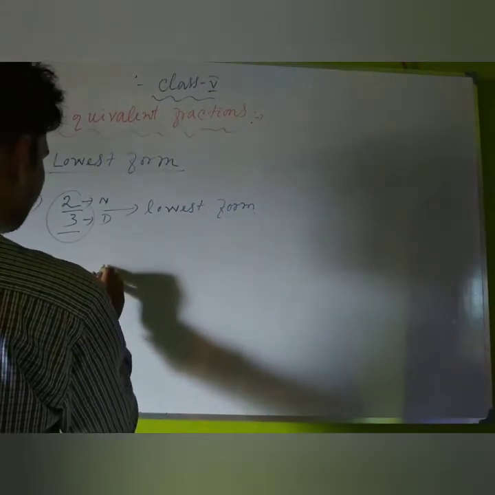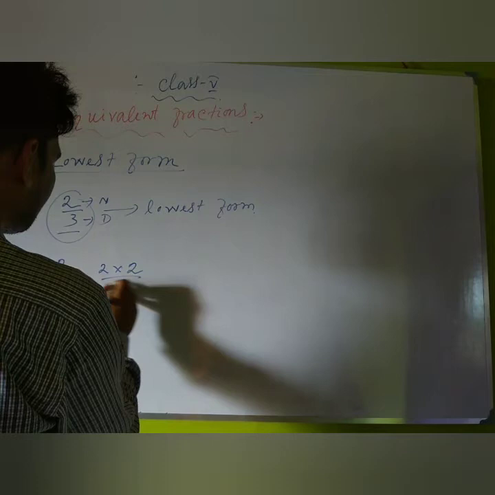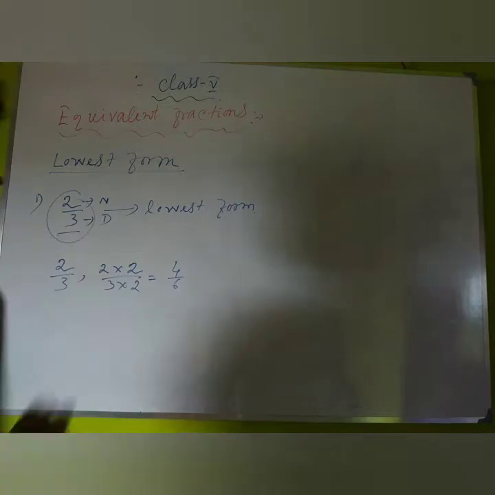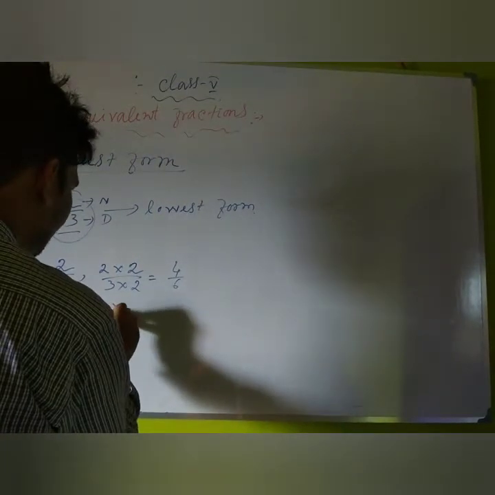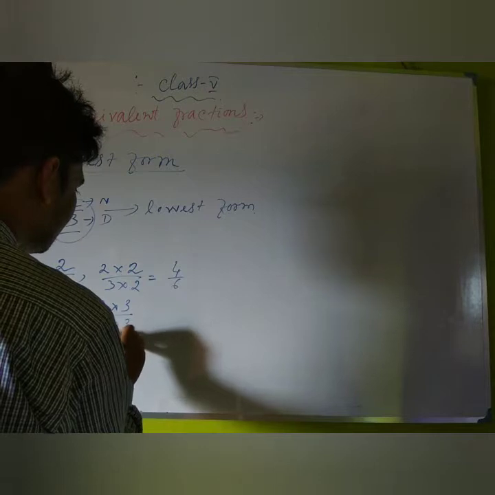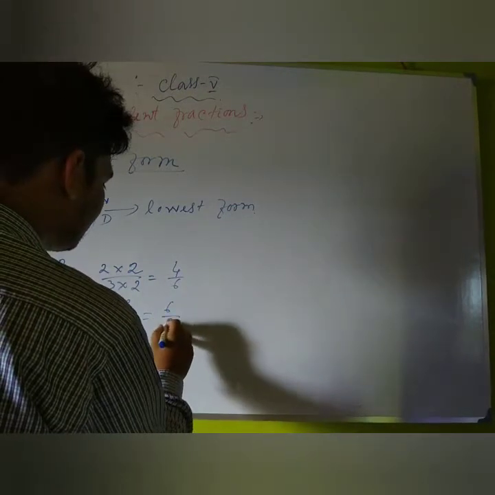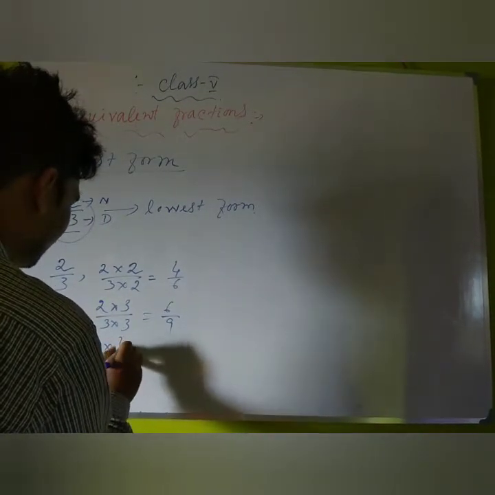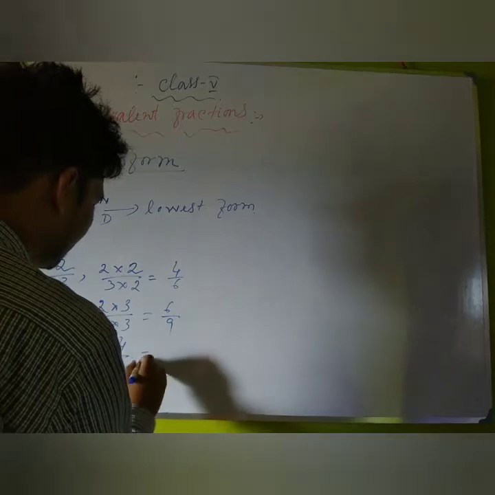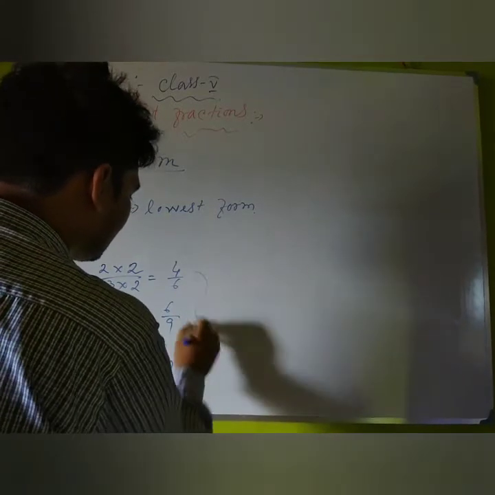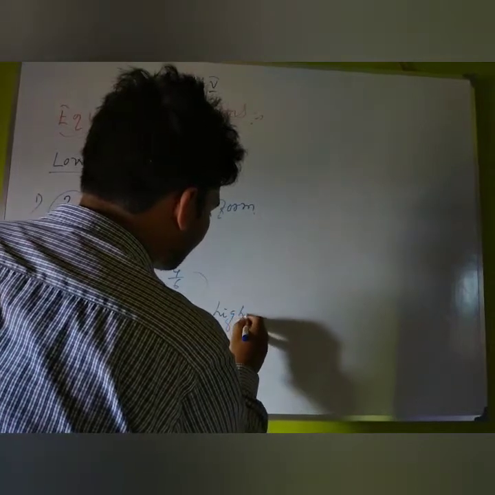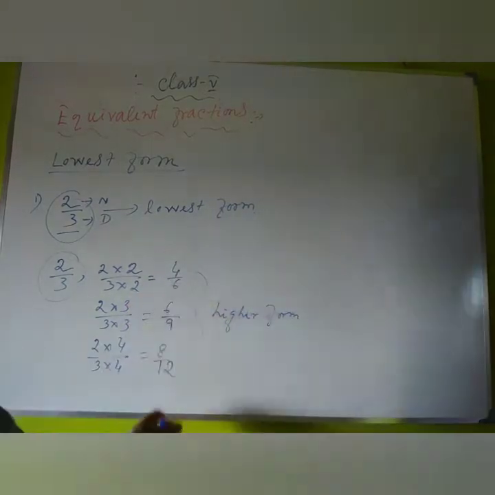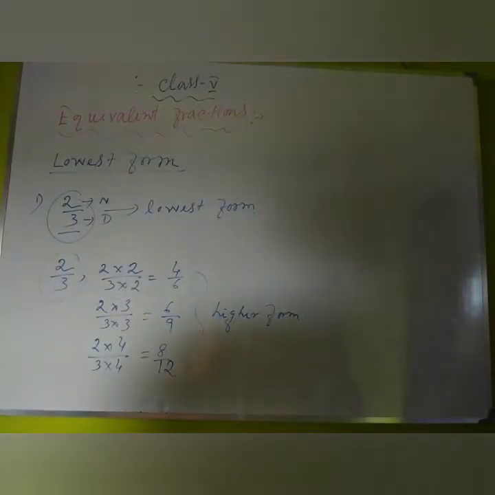The higher forms of this are 2 into 2 by 3 into 2, that means 4 by 6, one of the higher forms. 2 into 3 by 3 into 3, that means 6 by 9, also one of the higher forms. 2 into 4 by 3 into 4, 8 by 12, also a higher form of the fraction 2 by 3. These are all higher forms of the fraction 2 by 3.